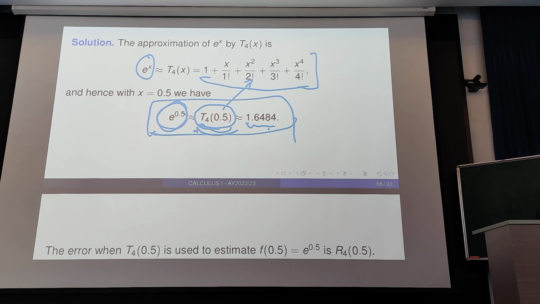That means this can be done without any calculator, right? But we want to see how correct this value is. That means how big the error is in this estimation.